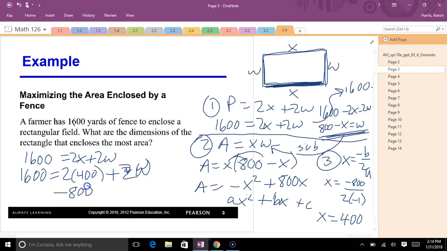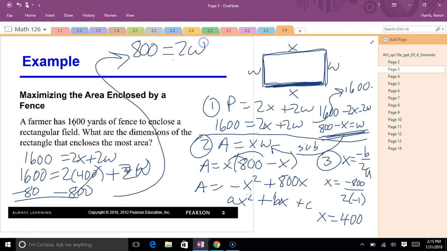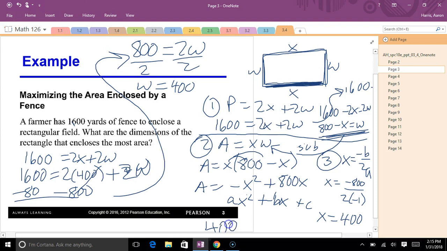Subtract the 800 from both sides. So we've got 800 equals 2w, and our width ends up having to be 400 as well. So a 400 by 400 field is the ideal to maximize our area: 400 length, 400 on the width.